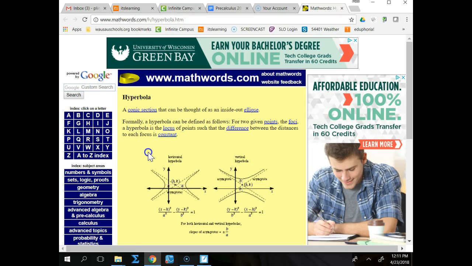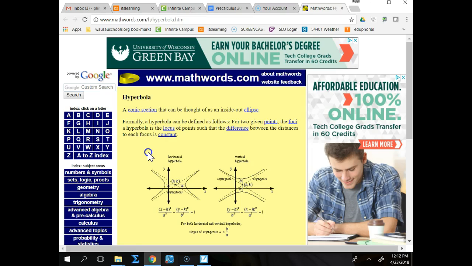So, a hyperbola is an inside-out ellipse. Normally, in an ellipse, the distance from any point on the ellipse to the two foci, the sum of them, is constant.